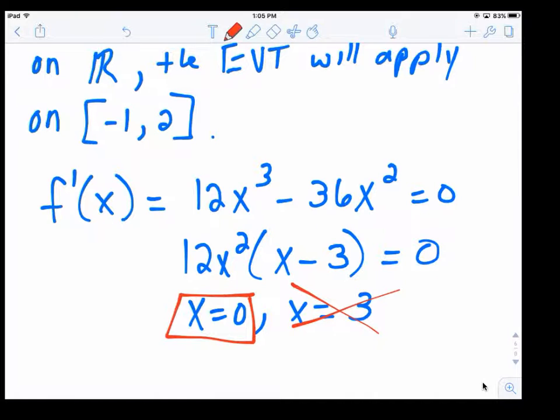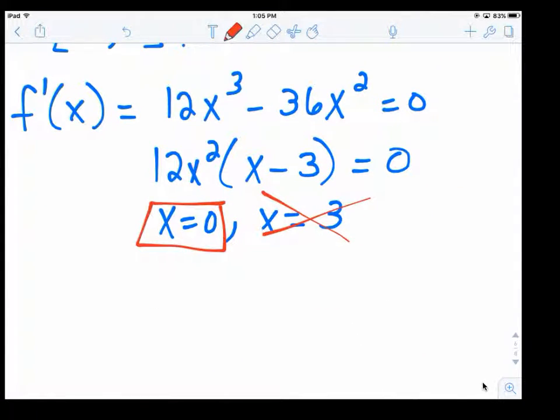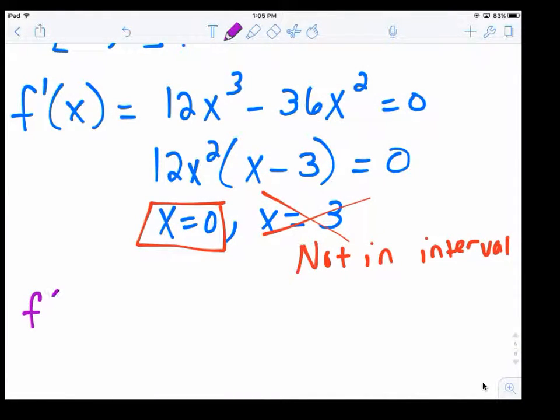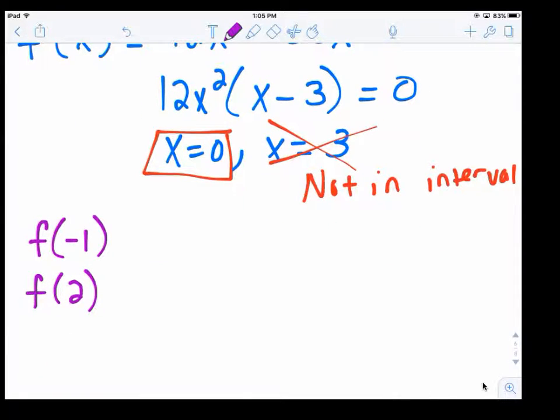So 3 is not in between those two numbers. The x equals 3 is not in this interval. Okay, so now you have to test the endpoints, so -1 and 2, and then also your critical value, which we know is 0.